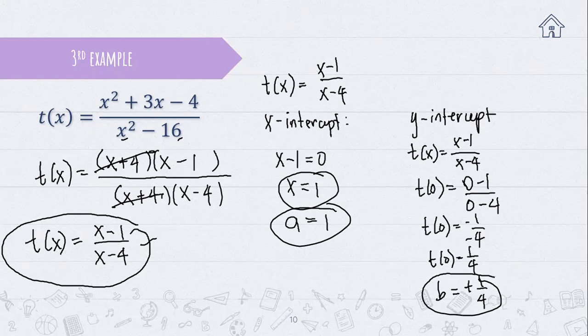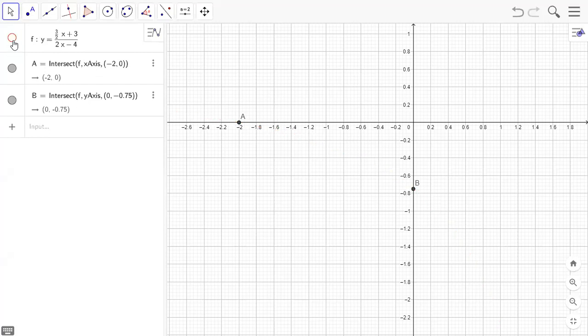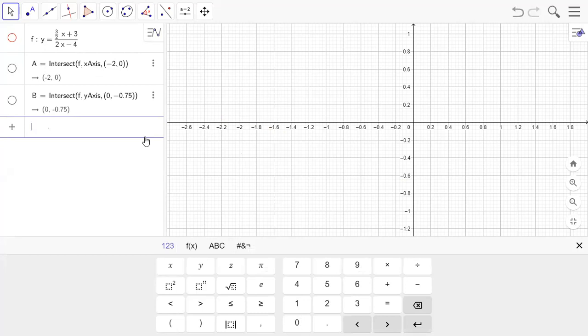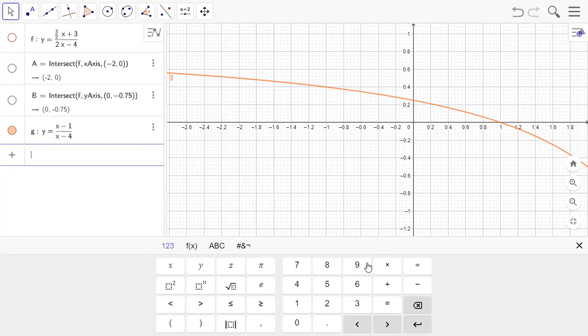Ngayon, class, i-check natin sa graphing natin kung paano i-graph yung ating function. Ang T of x is same lang naman sa y, di ba? So we have x minus 1 over x minus 4. Tignan natin.